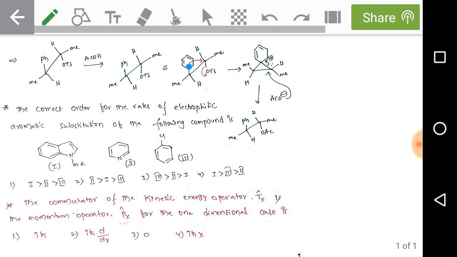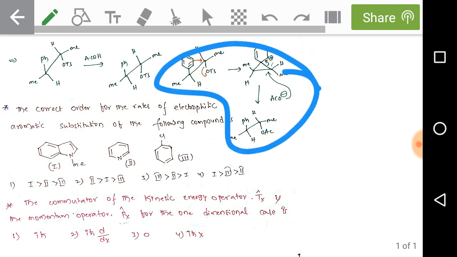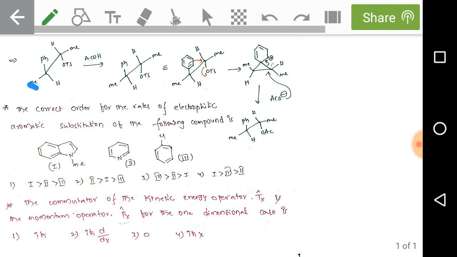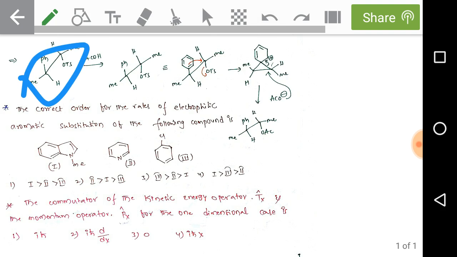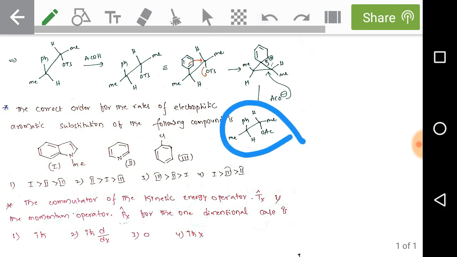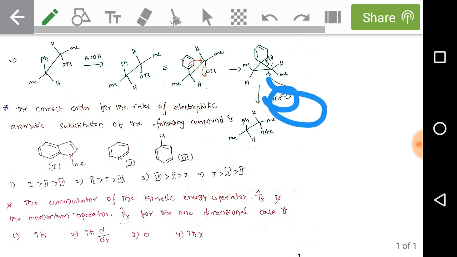That's why neighboring group participation is possible, and whenever neighboring group participation is there, the stereochemistry is retained in the product. That means whatever stereochemistry is present in the reactant, the same stereochemistry is observed in the product. So you can see that the acetate, that is the nucleophile, takes the same place where the tosylate group is cleaved.